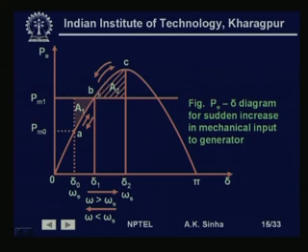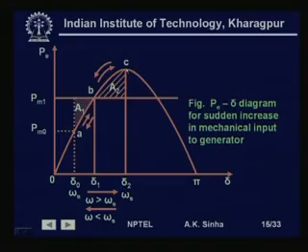So, it will keep moving further, where when it reaches point C, the speed becomes equal to the synchronous speed, and since P e at this point is greater than P m, there is deceleration and delta angle will reduce. So, delta will keep following this.